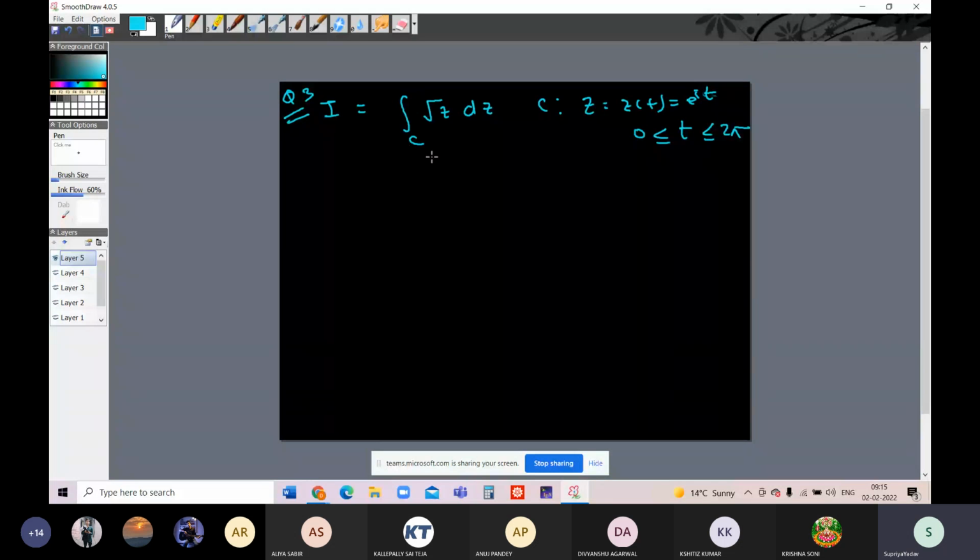Okay, so you know that square root of z, that is z to the power 1 by 2, is a multi-valued function. We have already studied about this function in some previous lecture.